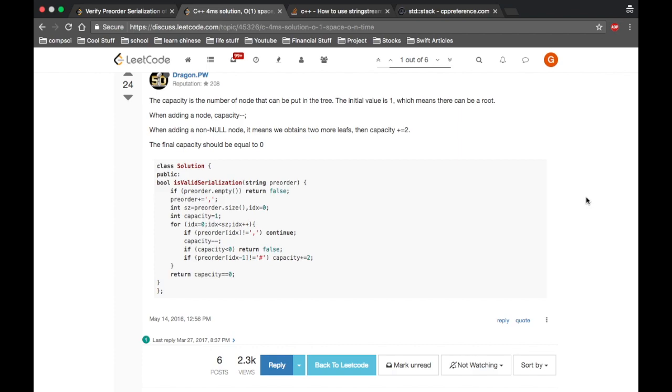And I think one thing that really got me stuck was that C++ doesn't really have a split function. Like, I think Java and Python have split functions where you're given a string and you split it by commas or split it by semicolons, and it'll automatically return an array of all the tokens split by the character you give it.